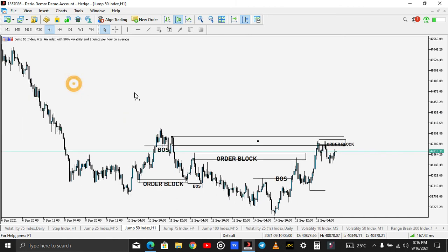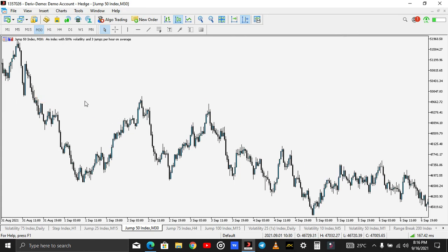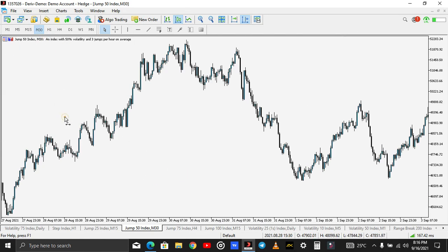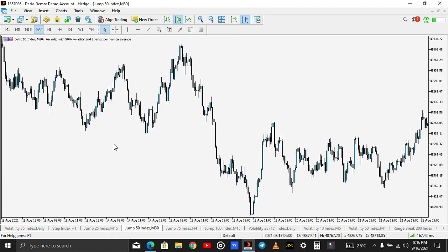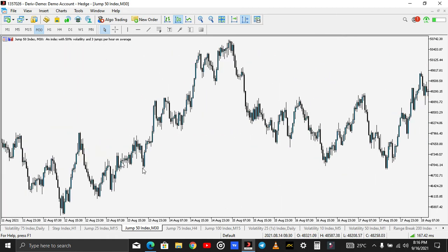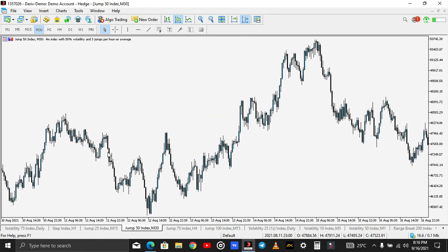So on lower time frames like 15-minute and 30-minute, you can still see order blocks. Now in the next video I'll teach you how to refine an order block and how to place a trade using an order block. I remember I taught you about inefficiency and liquidity grab.